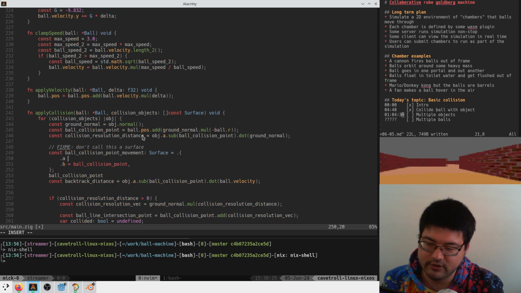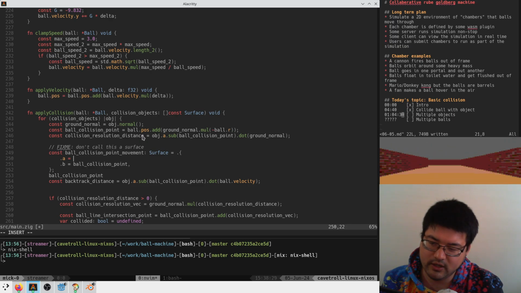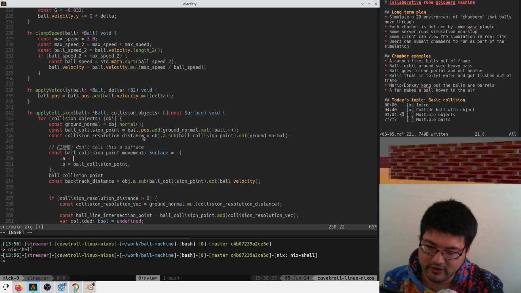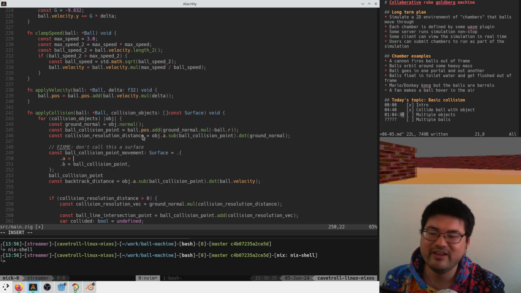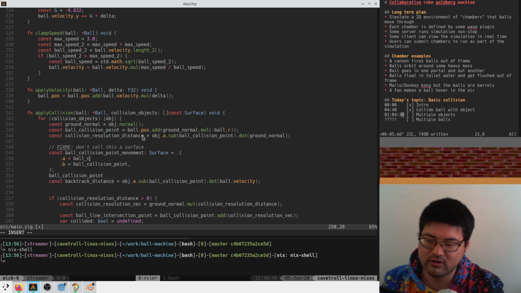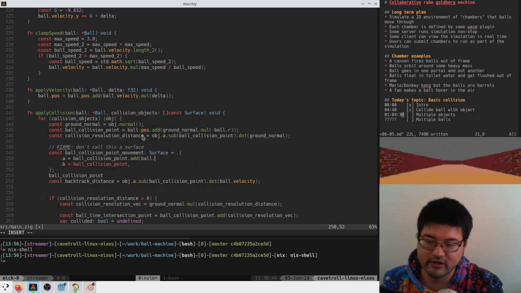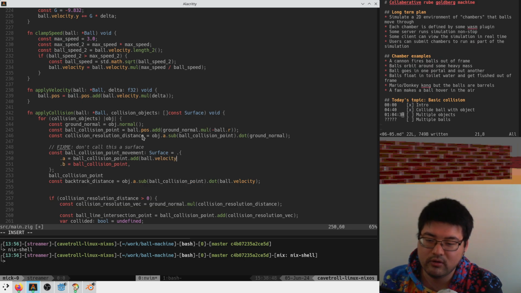And then his A position is somewhere as well. It's just a ball collision point at ball velocity. Yeah. That sounds right.